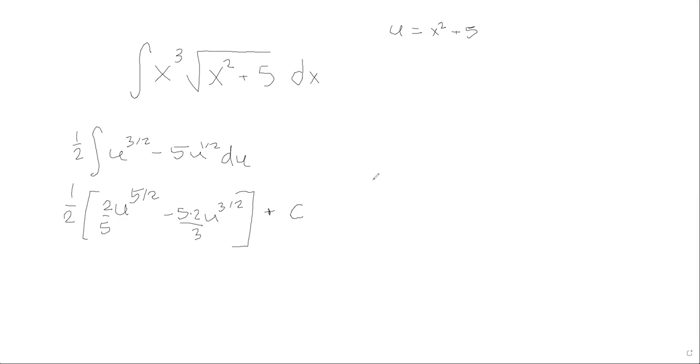How could I forget plus c? And we're going to distribute the 1/2. So if we multiply 1/2 times the first term right here, the 2's are going to cancel. We're going to have just 1/5 u to the 5/2. And we have x squared plus 5 to the 5/2.